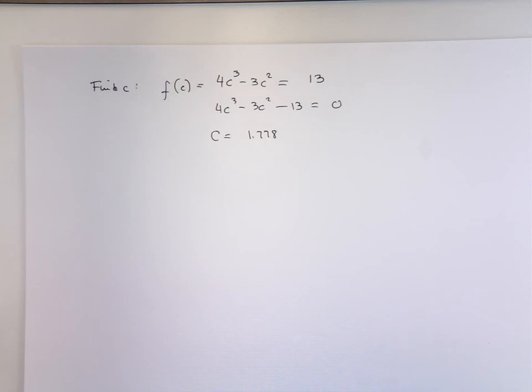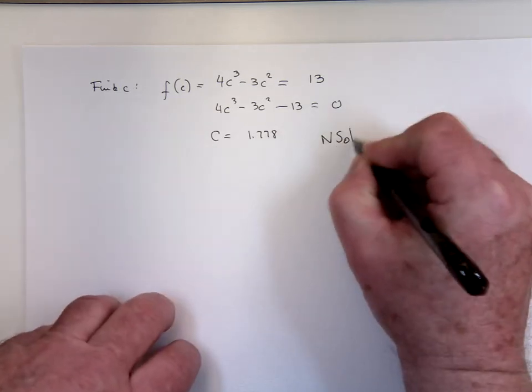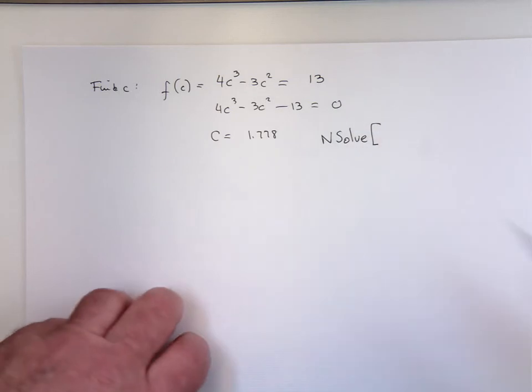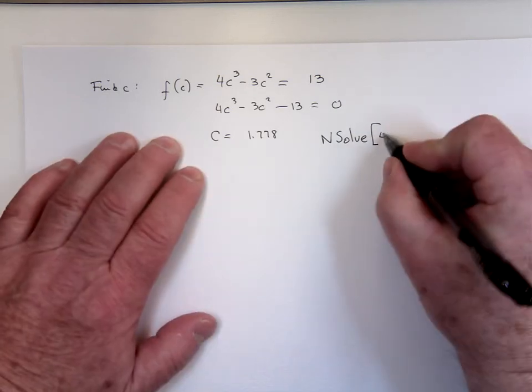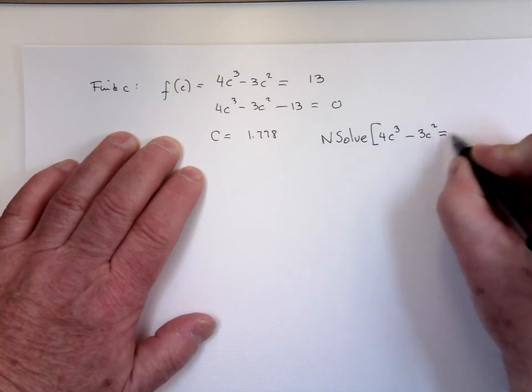They would expect you to use a computer algebra system or something in order to solve the cubic polynomial. Mathematica would do it. If you were to do an NSolve, which would be perfect here, this is what you would do in Mathematica. The syntax would be this. You got to use double equal signs here.